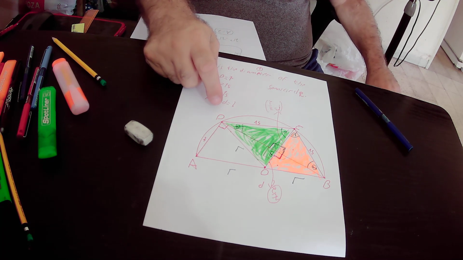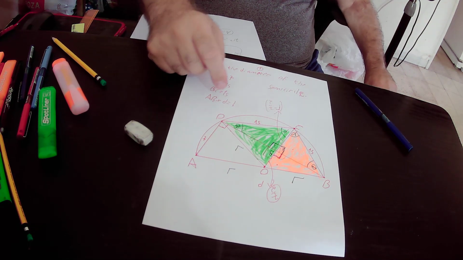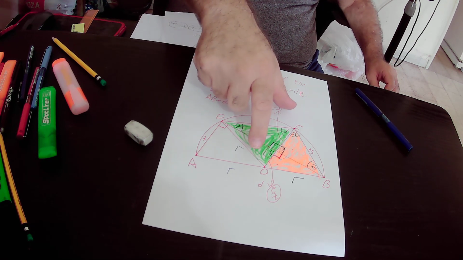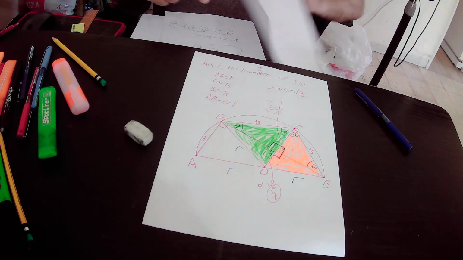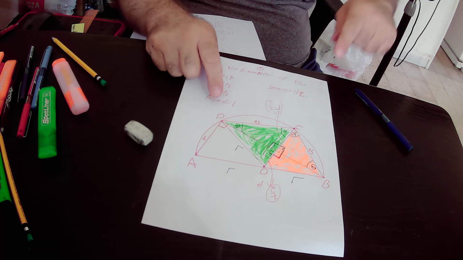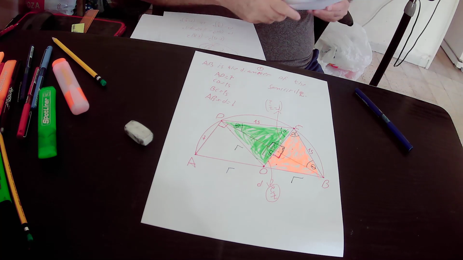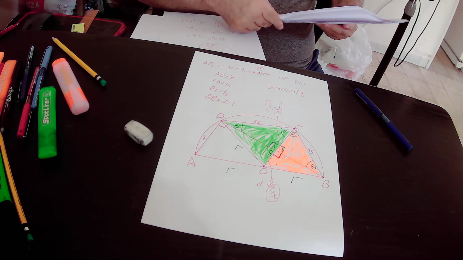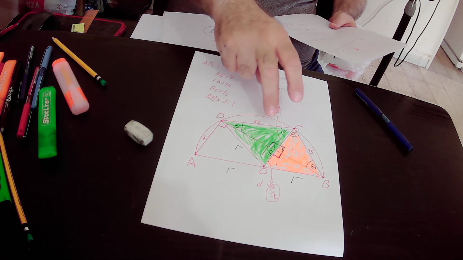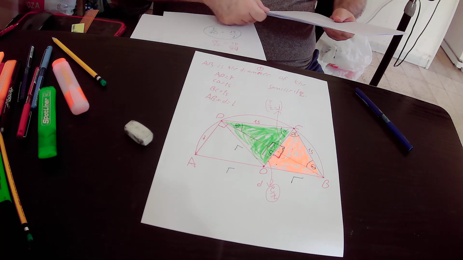We connected points D and B by a straight line, then we defined the center of the semicircle as point O, and we also connected points O and C, and points O and D by straight lines, and then we compared the green triangle to the orange triangle. We focused on the green triangle and the orange triangle.